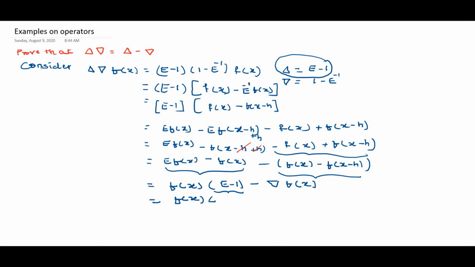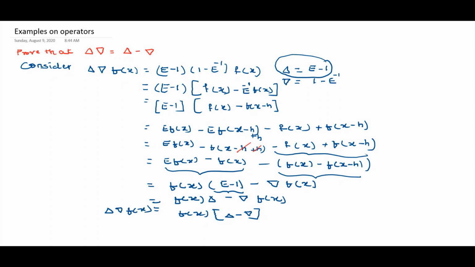So this formula is delta minus, write down the last term, del f of x. Now again you can take f of x common. If you take f of x outside, here we are left with delta minus del, and the left hand side term is delta into del f of x.